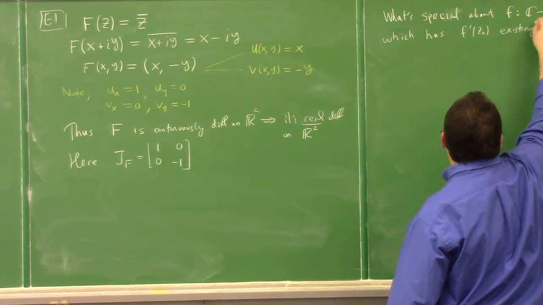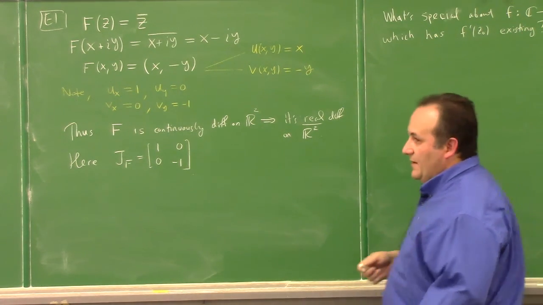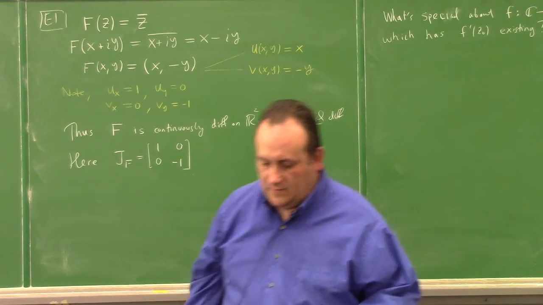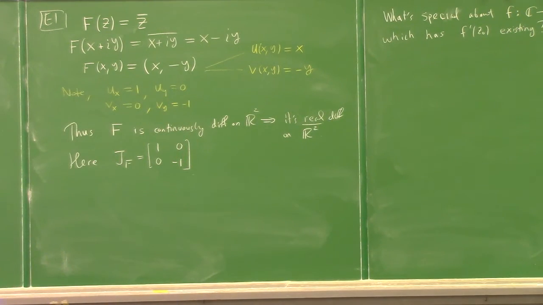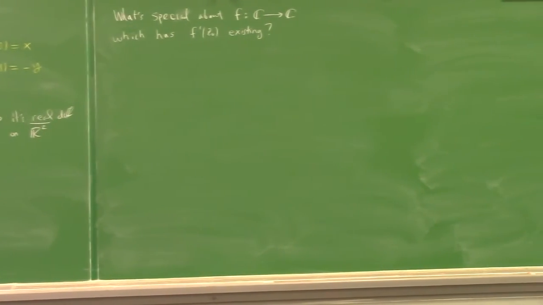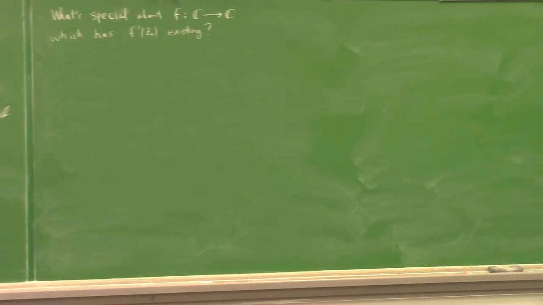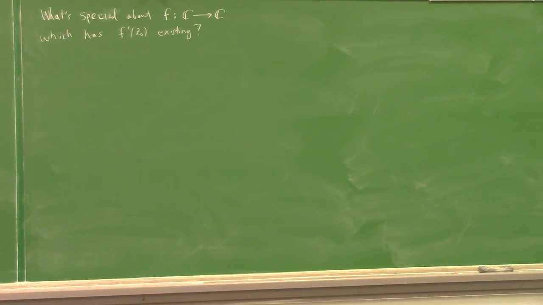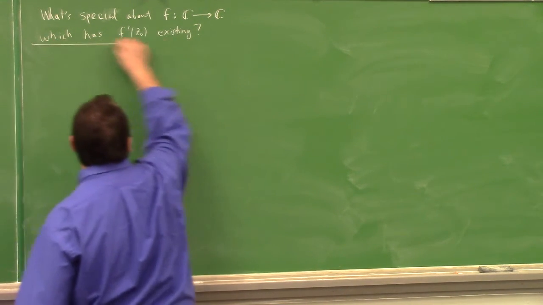What's special about a complex differentiable function, which is also, of course, a mapping from R2 to R2? Is it the case that complex differentiability implies real differentiability? What do you guys think? Does complex differentiability imply real differentiability? How are we going to judge that?